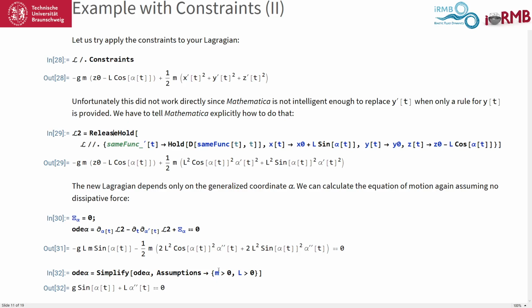So now we have to specify m is larger than 0 and also L is larger than 0, and then it sees that we can divide by m and by L, and so we can simplify this to g sine alpha plus L times the second derivative of alpha is equal to 0, right?